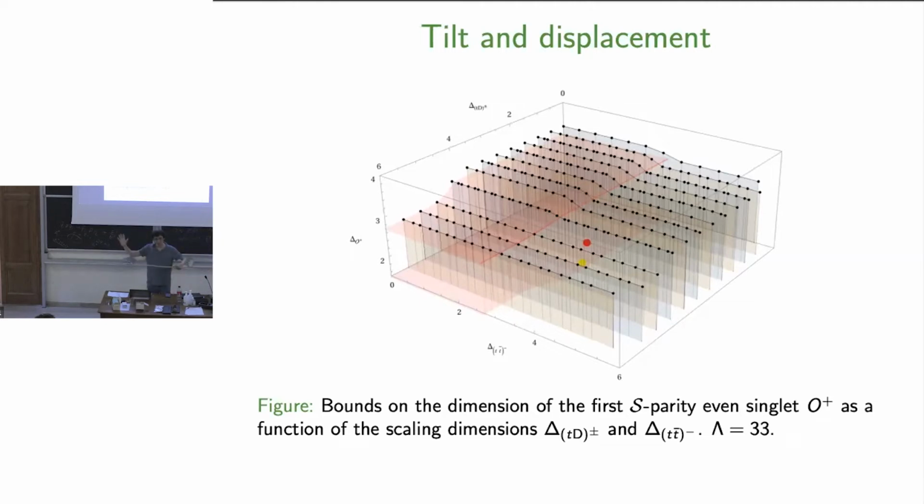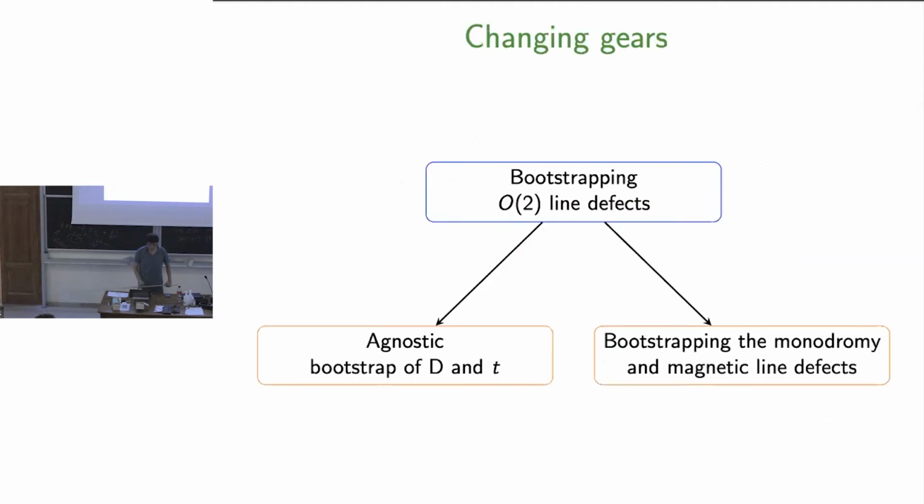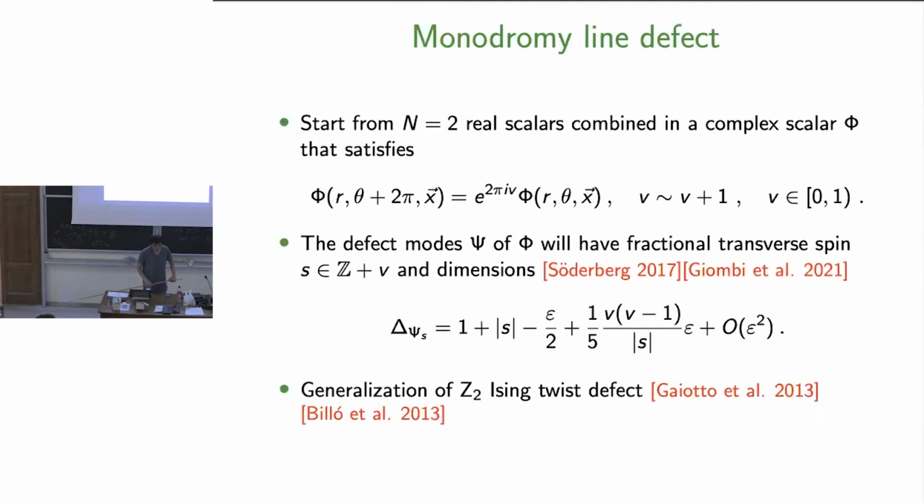So that was sort of the warm-up, the generic bounds that we can get in this system. But now let's change gears and start giving a bit more information in order to focus on some models of interest. And the first model of interest is what we call a monodromy defect.